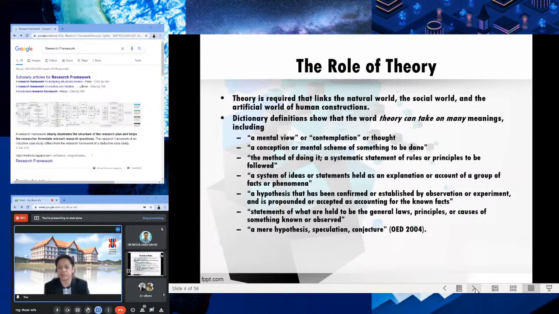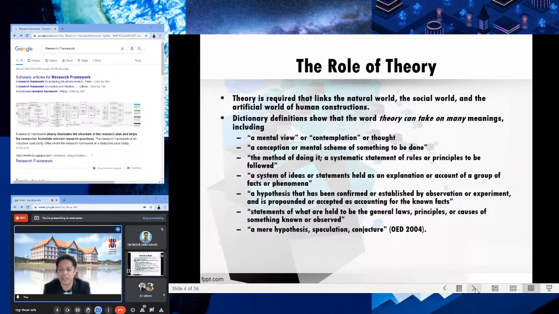Some also refer to it as a systematic statement of the rules or principles to be followed. The principle can also refer to the theory. And the system of ideas, statements, and accounts of a group of facts or phenomena.